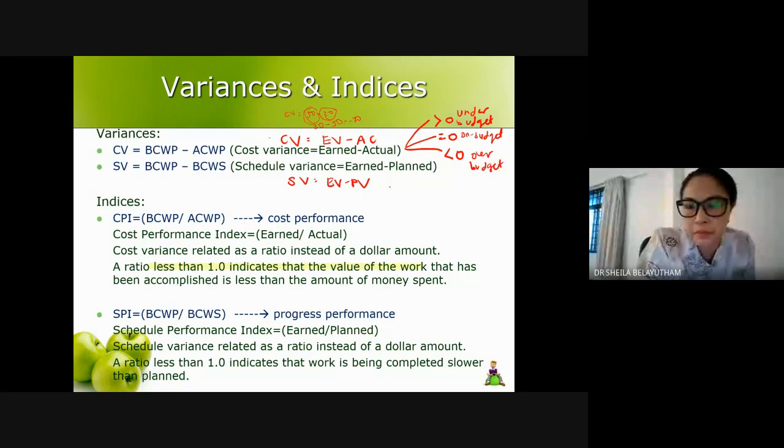Similarly in terms of schedule, for schedule variance, you should have something of more than 0, equals to 0 and less than 0. So what would it mean in terms of your schedule?